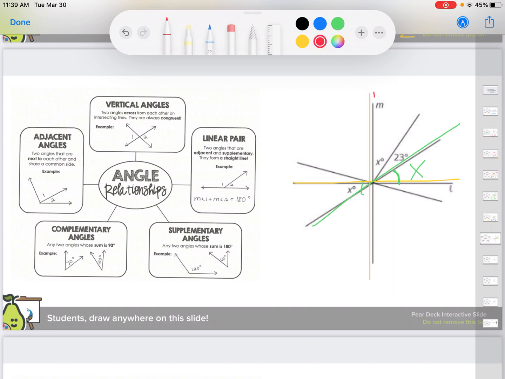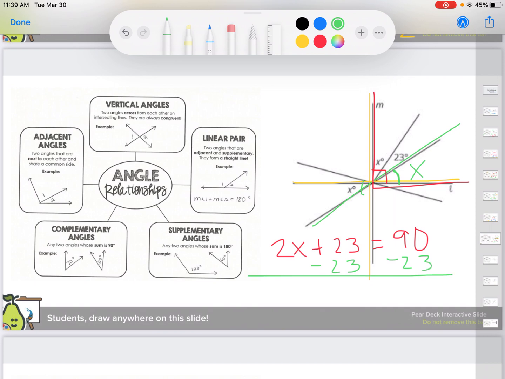Then I know that this is a right angle because they're perpendicular lines. So two perpendicular lines make a right angle. So I have 2x plus 23, and that's going to equal 90. From there, I'm going to subtract 23 on each side, and I'm left with 67 equals 2x. Then I'm going to divide by 2 on each side. So x equals 33.5.